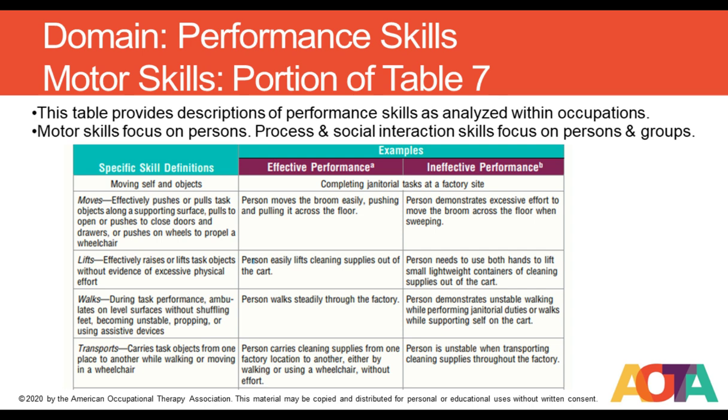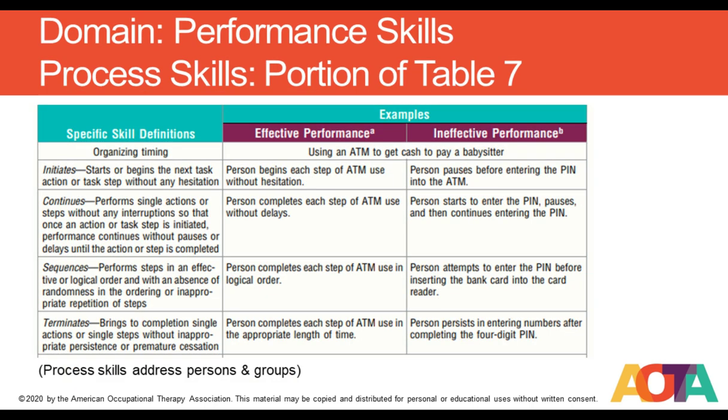Within the provided occupational example of completing janitorial tasks at a factory site, there are descriptions of effective and ineffective performance for each motor skill. This performance skill format repeats throughout Table 7 to include a diversity of populations and occupational examples.